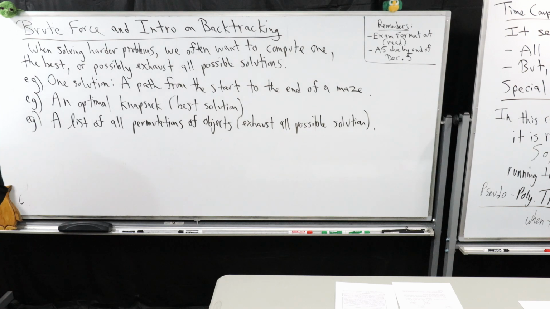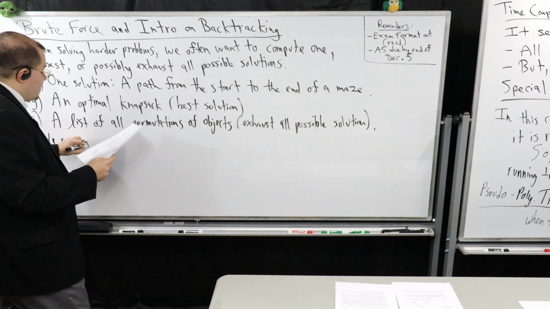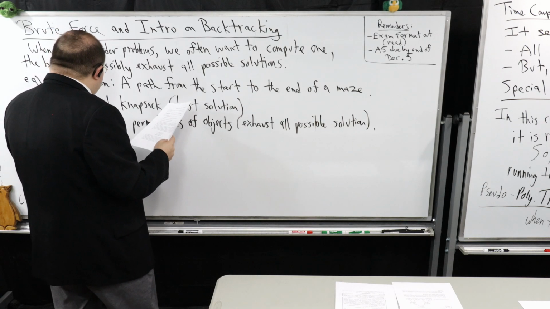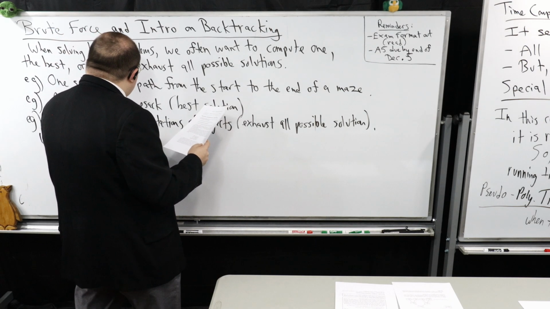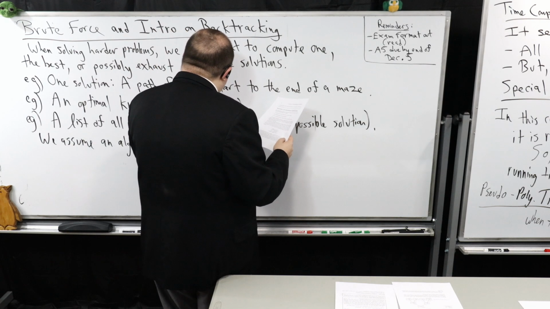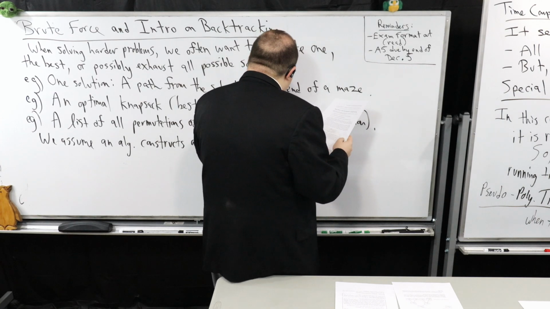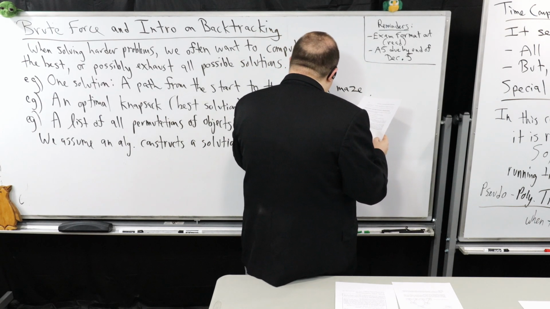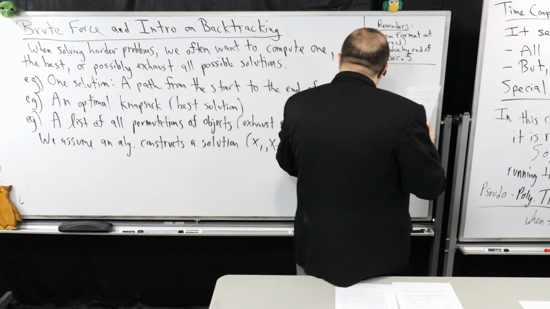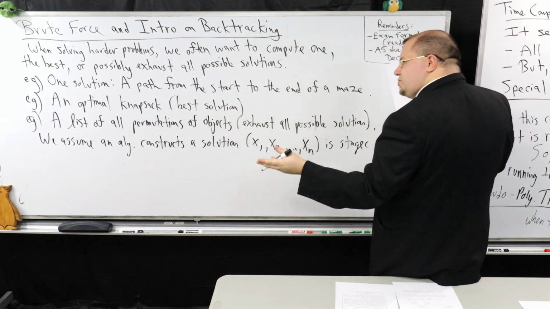Now, you might ask, okay, well, what's kind of the formulation that I'm going to use very often? So we assume an algorithm constructs a solution x1, x2, all the way up to xn in stages, akin to what I've been talking about previously where we build a partial solution.